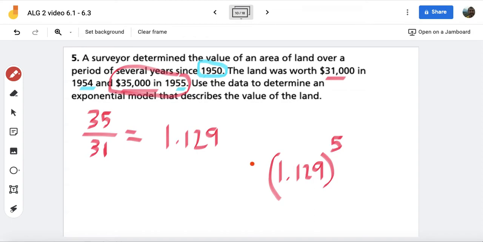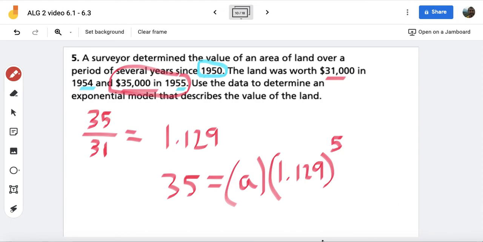And what was our initial amount? We don't have the initial amount. Oh, that's what we're trying to find, right? We're doing this to find a. But after 5 years, it was worth 35,000. So now I'm going to solve this for a.